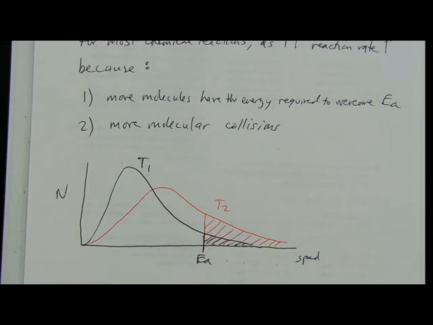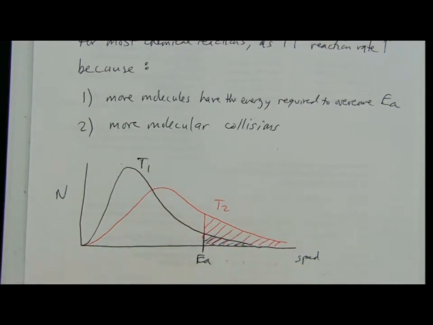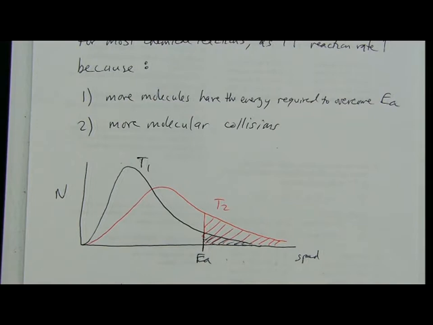Now the collisions: if you start at 300, the number of collisions is directly proportional to the speed, and temperature is proportional to 1/2 mv squared, so the velocity is proportional to the square root of the temperature. What happens if you double the temperature?